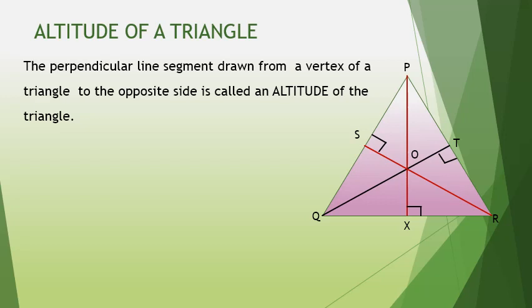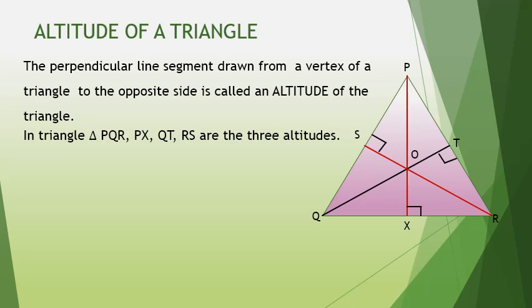And look at the third vertex, that is R. From R we have drawn a perpendicular line segment to the opposite side, that is PQ. So RS is also an altitude of triangle PQR. It is the altitude drawn to the side PQ of triangle PQR.